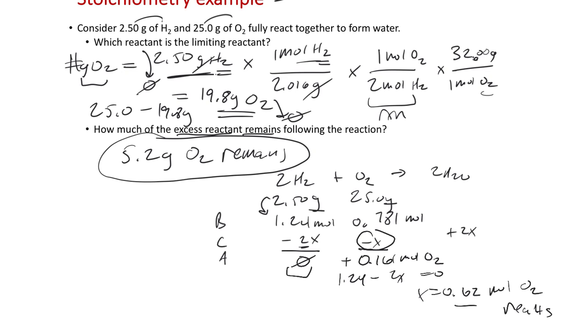So 0.161 moles of oxygen remains present in excess, and then 32 grams per mole gives 5.2 grams. So if you weren't sure why we were doing 25 minus 19.8, we can convert to moles, figure out x, get the moles of O2 that are remaining, and convert to mass.